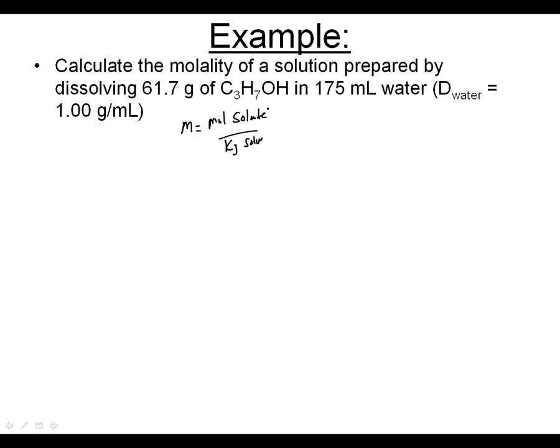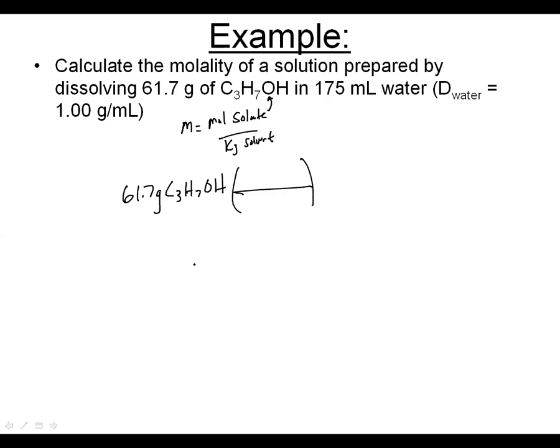This is our solute right here. So we do have 61.7 grams of C3H7OH. We want to convert it into moles, so it will require us to go to the periodic table and add everybody together. That's going to be 3 times 12.01 plus 8 times 1.008 for the hydrogens, and a 16 there for the oxygen.